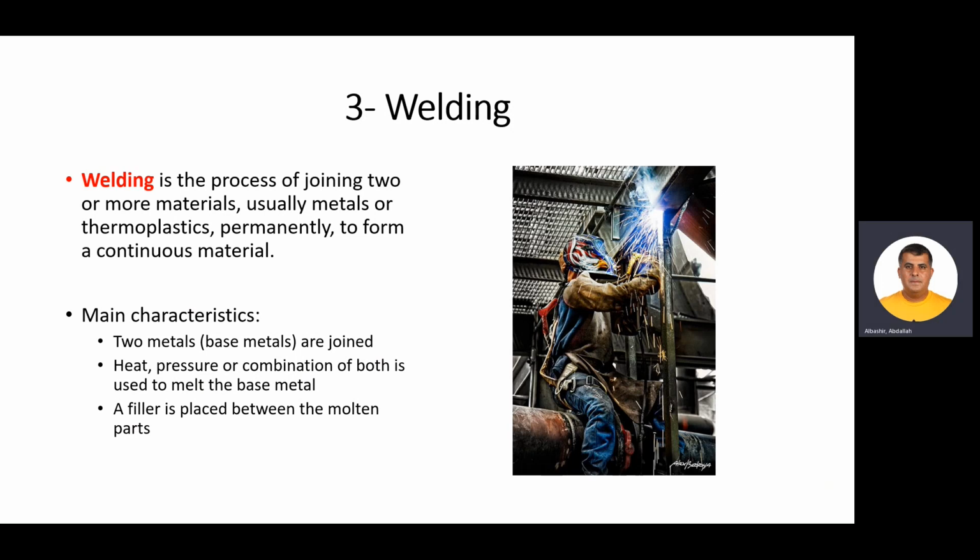The third workshop is the welding workshop. Welding is the process of joining two or more materials, usually metals, same type of metal, or thermoplastic. Here we apply heat, pressure, or combination of both.